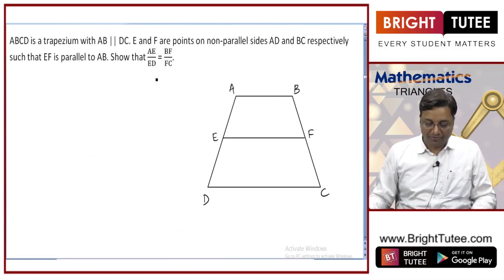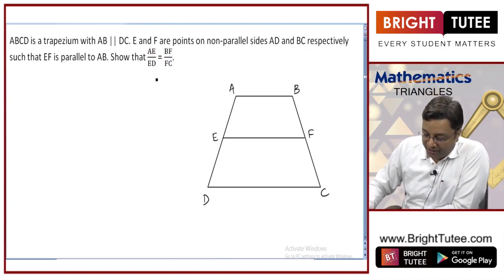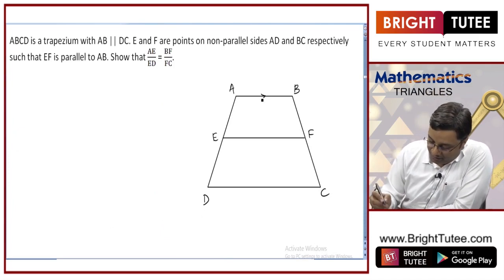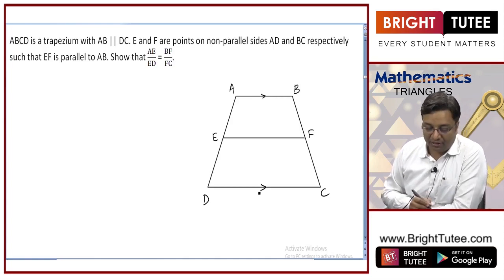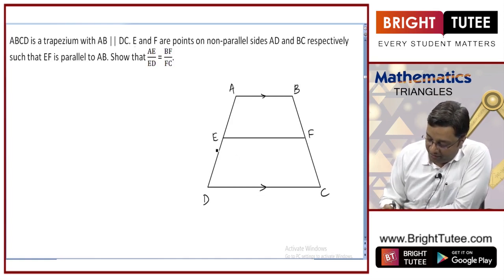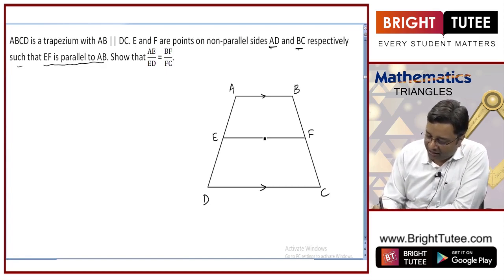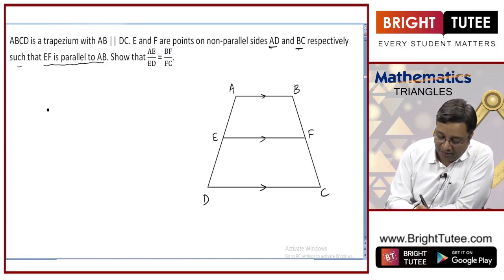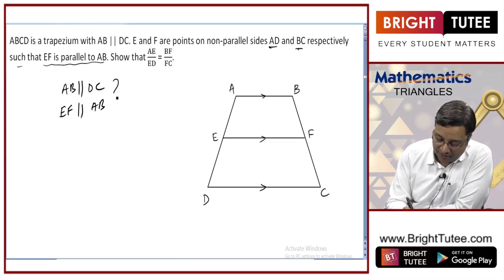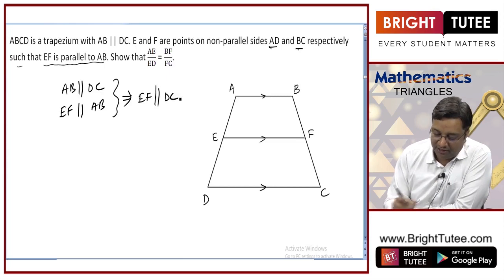Now let us look at this. ABCD is a trapezium with AB parallel to DC. So these two lines are parallel. E and F are points on non-parallel sides AD and BC respectively, such that EF is parallel to AB. Now see, if EF is parallel to AB, and AB is parallel to DC, then we can say EF is parallel to DC also.